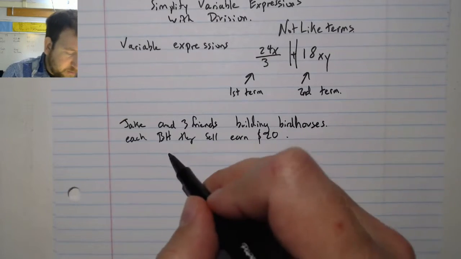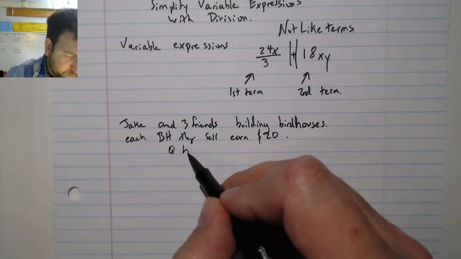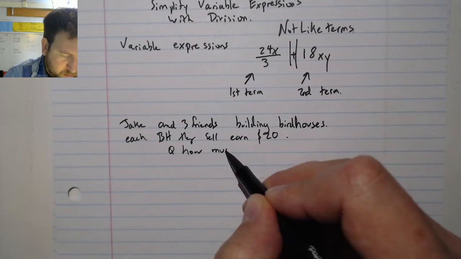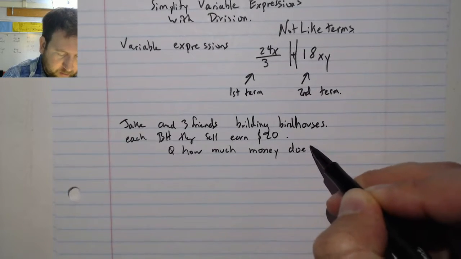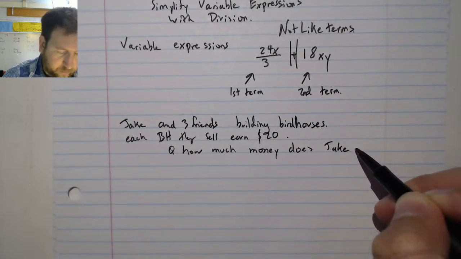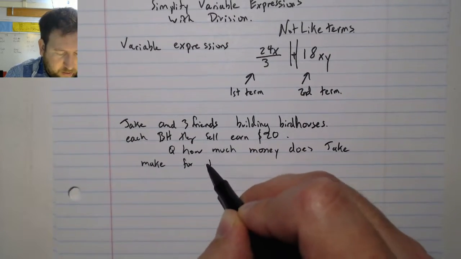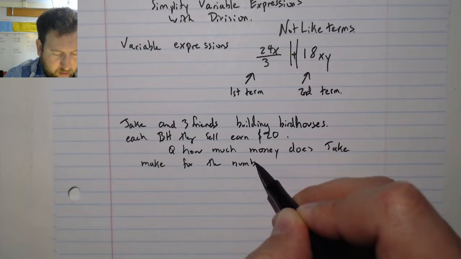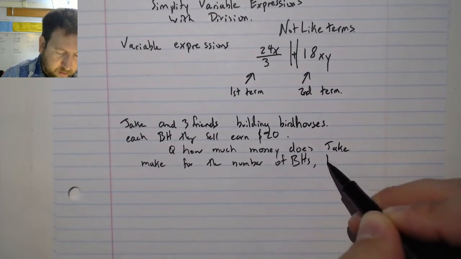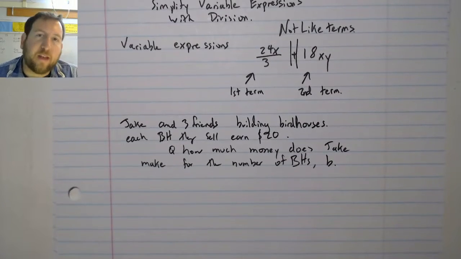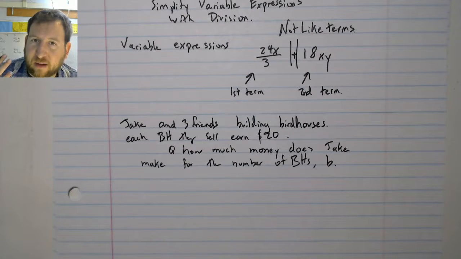And the question is, how much money does Jake make for the number of birdhouses B? So in this case, we don't know exactly how many birdhouses he's making, but the idea is he's making B birdhouses.